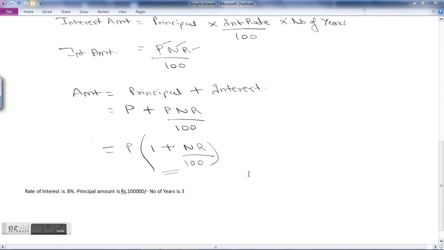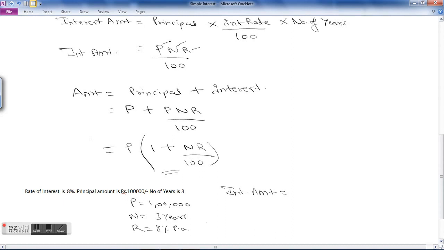Now we will take the same previous example and find out the interest amount as per the formula. The interest amount will be P N R upon 100. P here is 1 lakh, N here is 3 years, and R is 8% per annum.